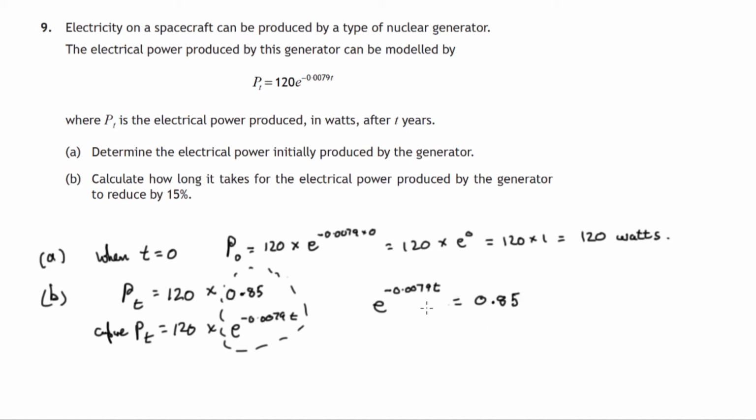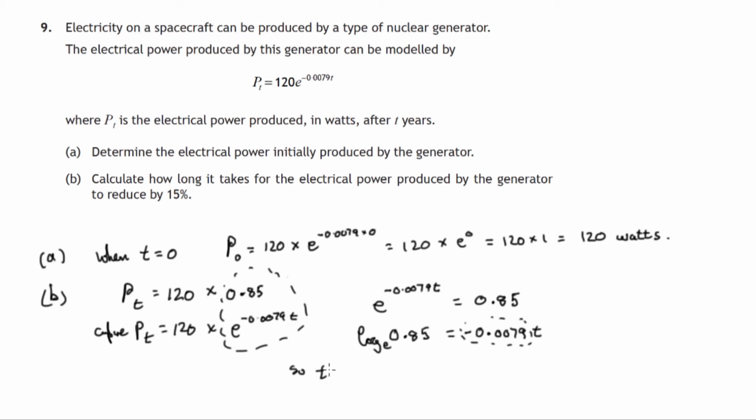So here's a power statement. Let's write it as a log statement. Log to the base e of 0.85 is equal to negative 0.0079t. So to get t on its own, we'll divide both sides by the coefficient of t.